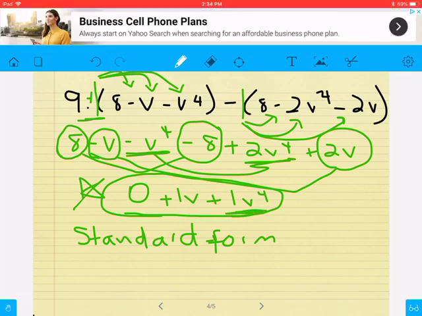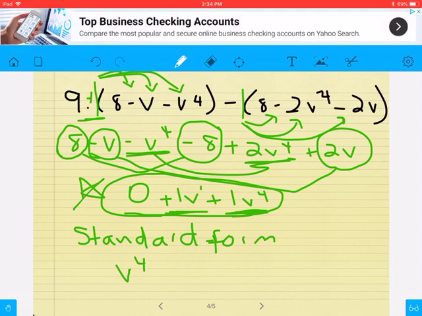So our highest exponent here is going to be v to the 4th, so I'm going to write that v to the 4th first, and then our next highest is this v, because technically 0 has a v to the 0th power, and this one has v to the 1st power. So we're going to add that one in, so plus v, and then we don't have to add this 0 in, but we know it's there if we want to. So this will be our more correct answer.